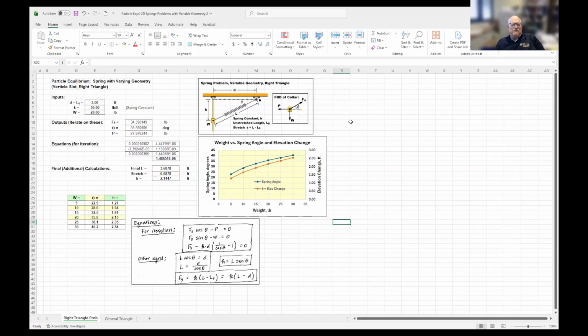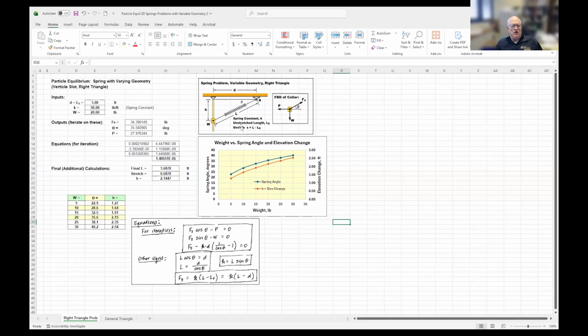So what you've done here is you've built a mathematical model of this system using equations that define something about the system. Two of our equations are basically particle equilibrium of this collar. And the third equation is based on the geometry of this triangle and of our spring equation, which is basically F is equal to ks.